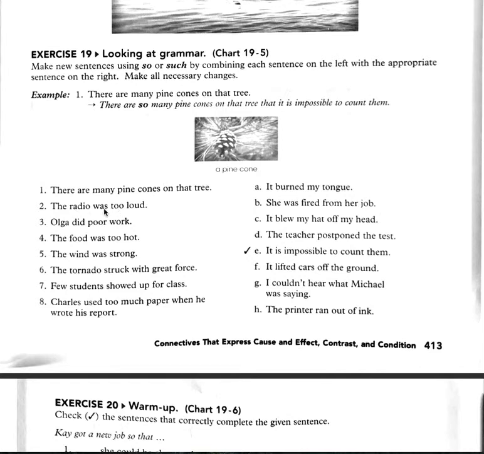So here, the radio was loud is an adjective. The radio was so loud that I couldn't hear what Michael was saying. So put a letter G here. And put so right here. Scratch out too and put so. Do number 3 through 8. And we'll check in a minute.